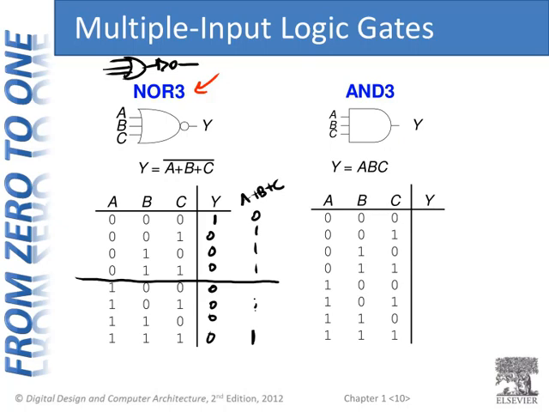Extrapolate from the 2-input NOR gate case. And 3-input AND, A and B and C, is only going to be true if all of the inputs are true. You can go to the movies if you have a ride, you have the money, and you bring your little brother.